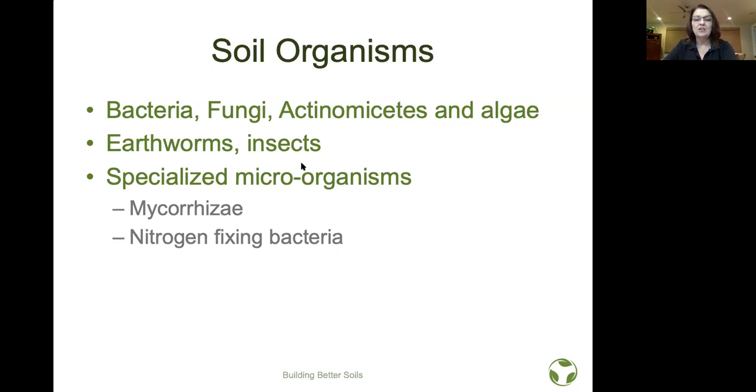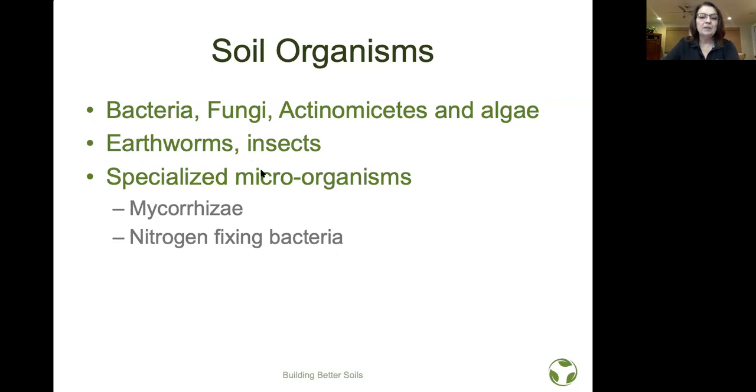Earthworms and insects also are super important because they again help develop those macro aggregates. And some earthworms that move up and down the soil actually help move air deeper into the soil.